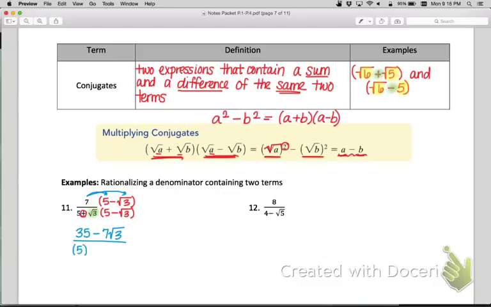The first term is 5 squared minus the square root of 3 squared. And so now when we work that out, you can kind of do some scratch work off to the side. That's fine. I always kind of do it underneath. I know this is 25. This is going to be 3. So all together, when all is said and done, I'm going to have 35 minus 7 square root 3 over 25 minus 3, which is 22. And so now that's our answer.